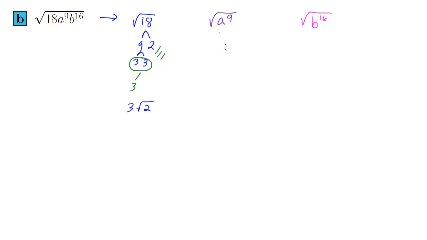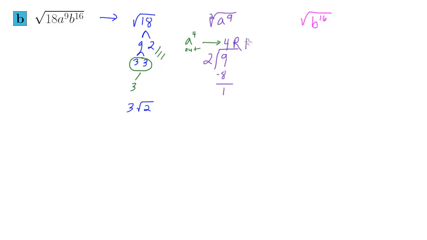Let's handle the square root of a to the 9th next. We have 9 factors of a, and because it's a square root, we want to break them into groups of 2. So we divide 2 into 9. 2 goes into 9 4 times with a remainder of 1. So this tells me that I have an a to the 4th outside, right? 4 factors of a outside of my radical because of my 4 groups.